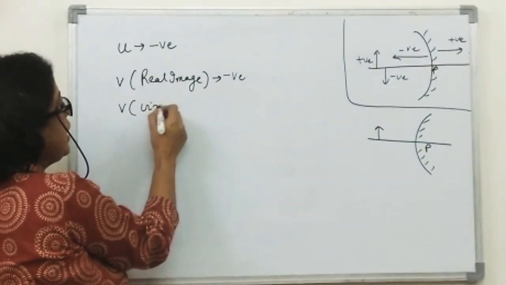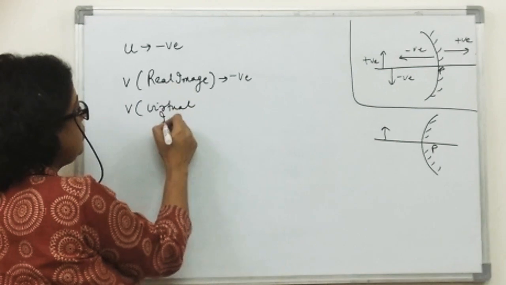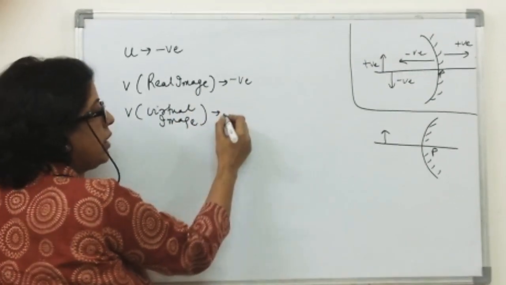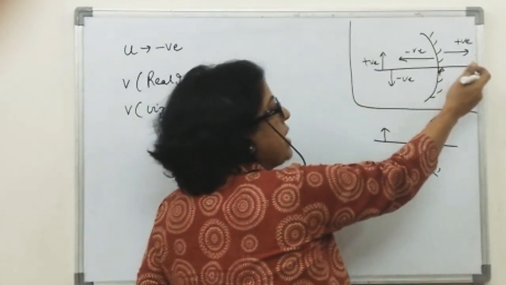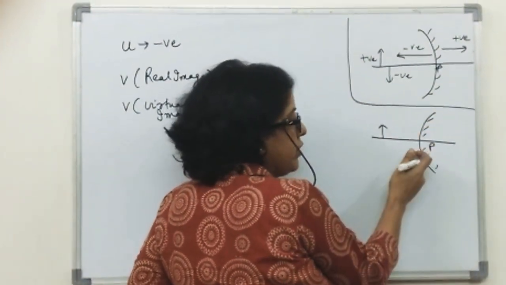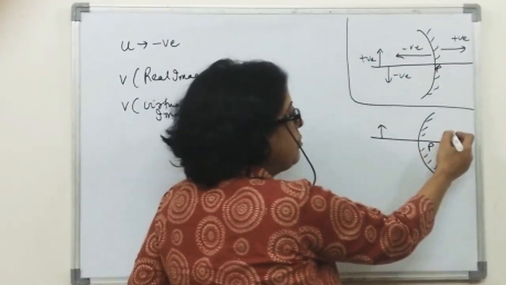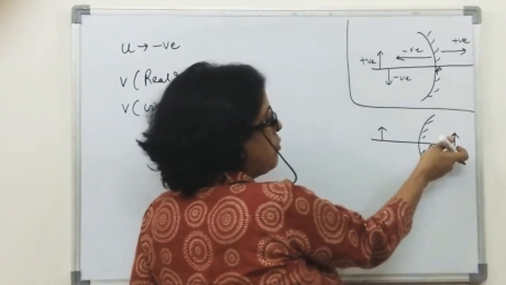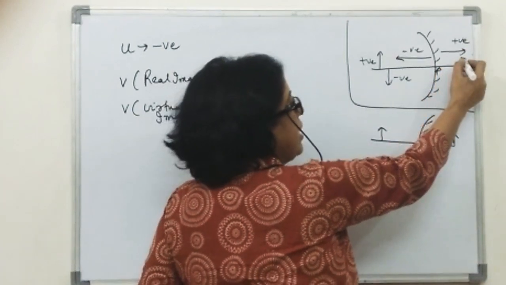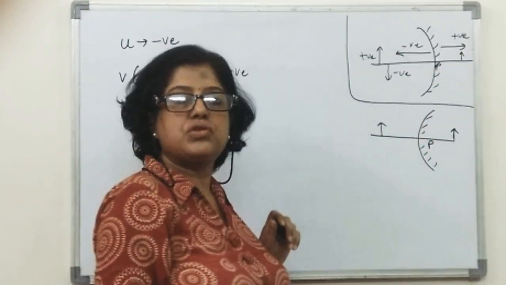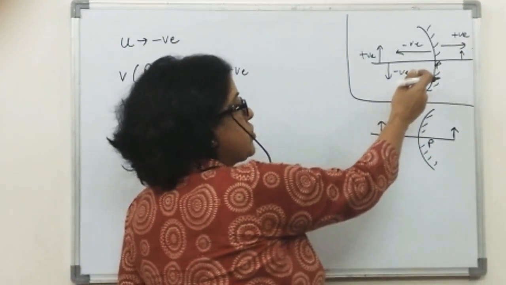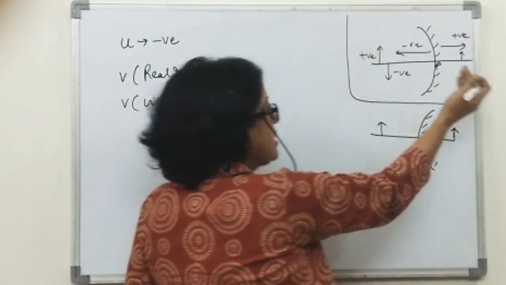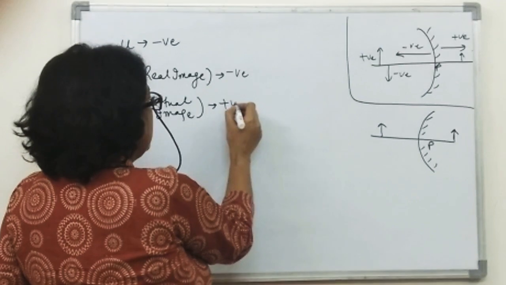v for a virtual image will always be positive. The virtual image is always formed behind the mirror, whether it's a convex or a concave mirror. Virtual means image formed behind the mirror, and a virtual image is always erect, so it is formed above the principal axis and behind the mirror. So if you measure from P to the image, the distance will be left to right, and that will always be positive.